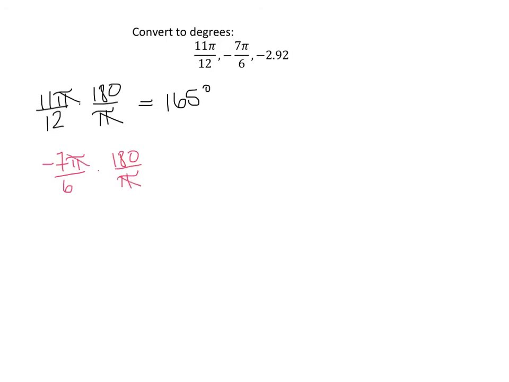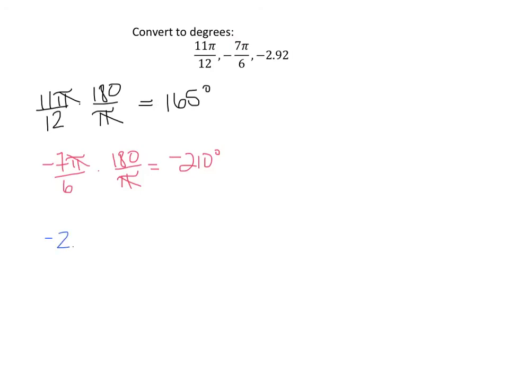And again, pi's cancel. When I put this into the calculator, negative 7 times 180 divided by 6, I get negative 210 degrees. Same as before, because this started out as a negative angle, I need to represent it as negative even in the converted form.